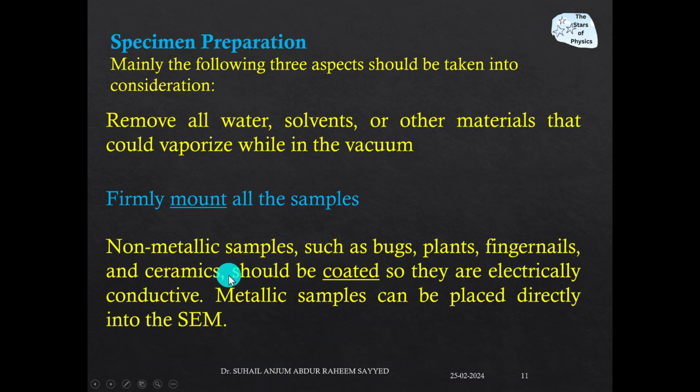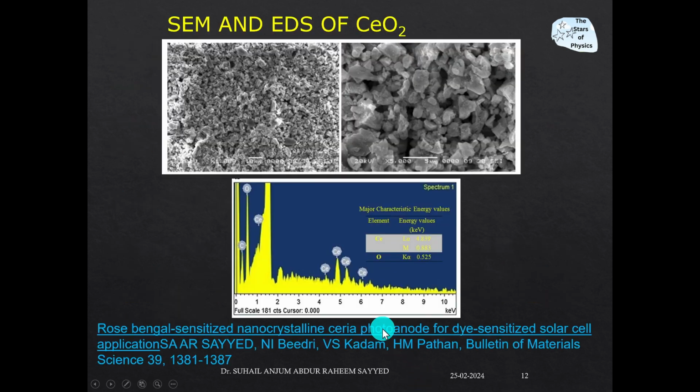The third step: non-metallic samples such as bugs, plants, fingernails and ceramics should be coated so that they are electrically conductive. Metallic samples can be placed directly into the SEM, but for non-metallic samples we have to make a coating. Generally we make a platinum or gold coating on the non-metallic or biological samples.